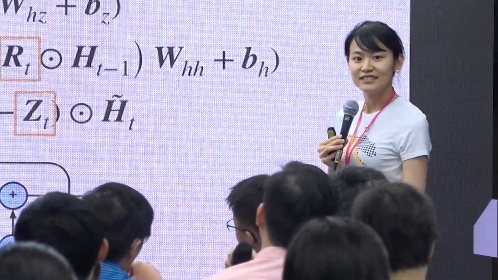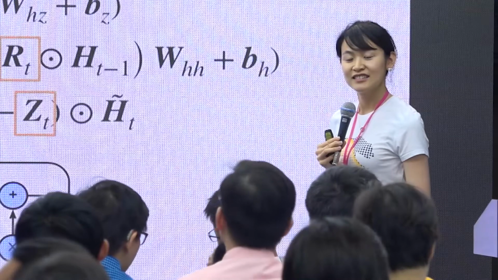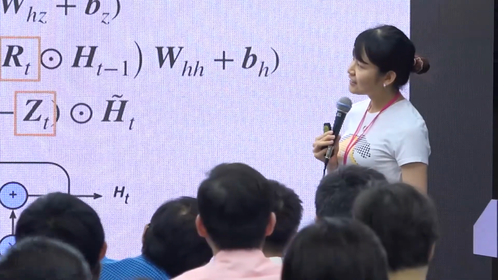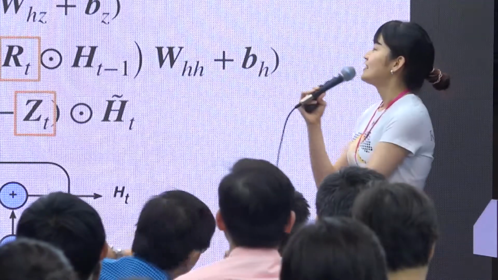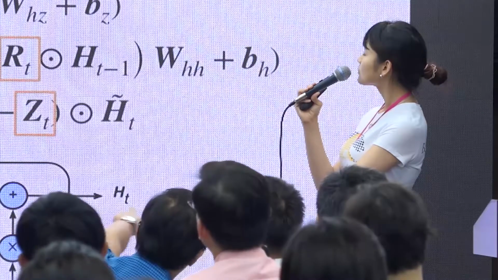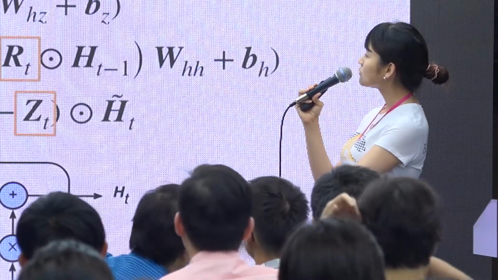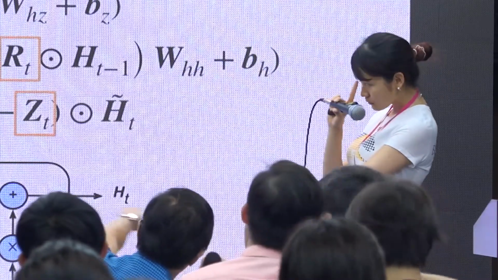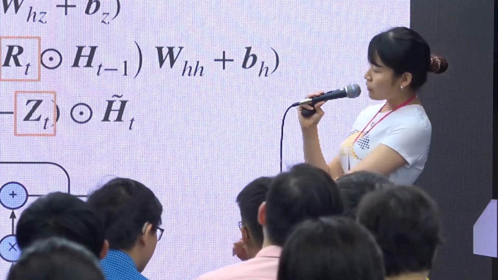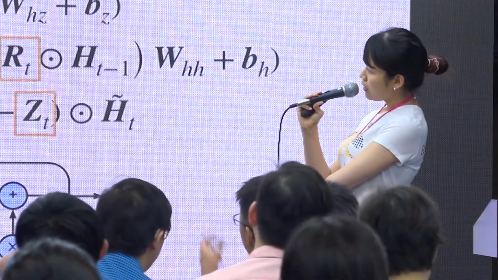I'm not quite sure if I'm right or wrong. What is the range of the ht? Is it -1 to 1, right? That's a good question. Because is it tanh? I don't think it will be between -1 and 1.